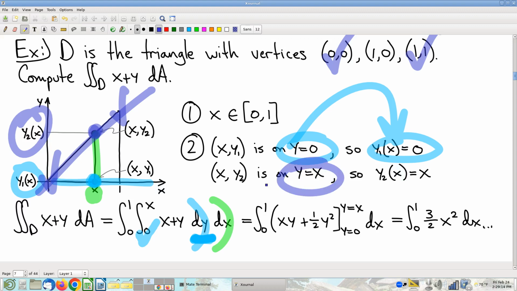And now again, pause. Slow down. Don't just immediately write down. A lot of people will just, again, instinctively pick one side of this equation. It matters which side we pick. Remember, for the purposes of the inside integral, x is a constant. Remember, furthermore, let me just declutter here. Let me get rid of all that.